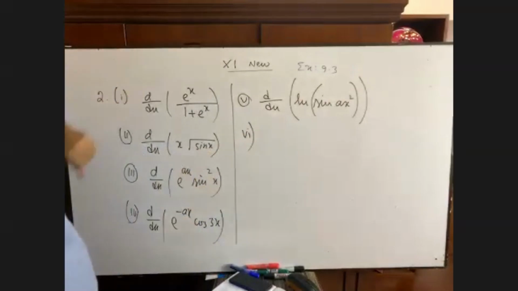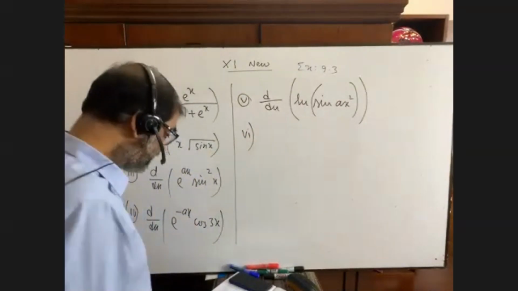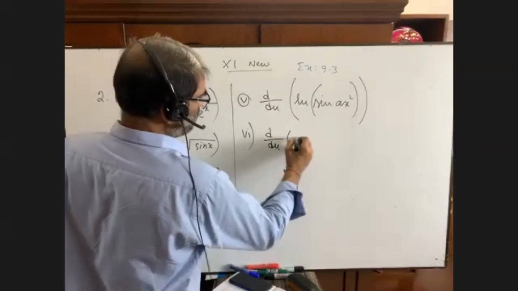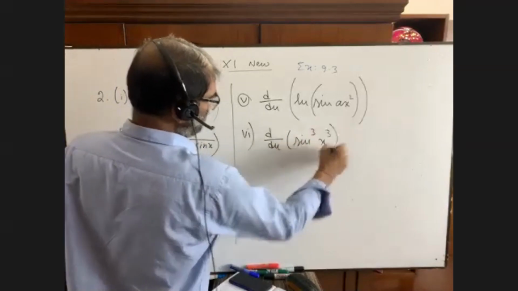Number 6, okay, sine cube x cube, d by dx of sine cube x cube.